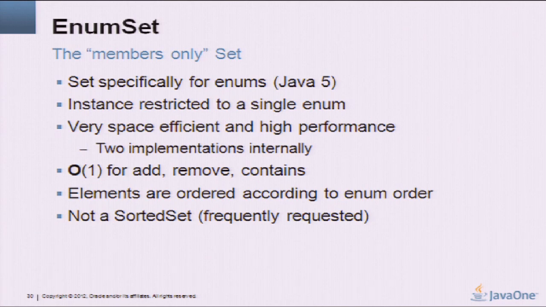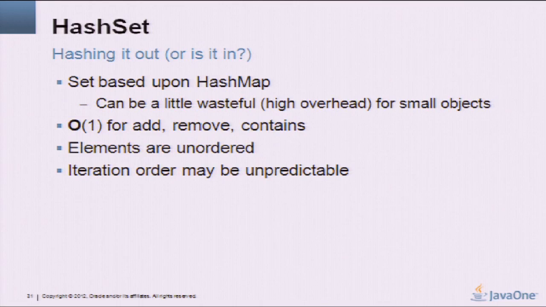So if you haven't looked at enum maps or enum sets, go ahead. It actually supports enums bigger than 64 items as well. That's the second implementation, and in that case, it's an array rather than a single long for the bitmap. But enum sets are quite efficient.